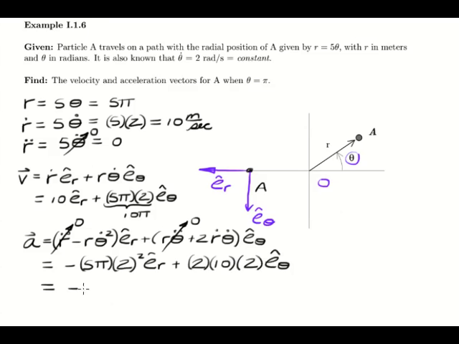So that's equal to minus 20 pi ER plus 40 E theta. So this is in meters per second squared. V is in meters per second.